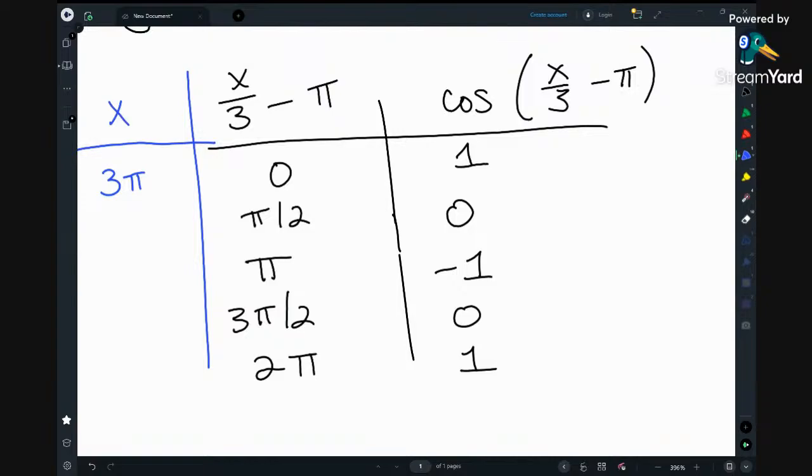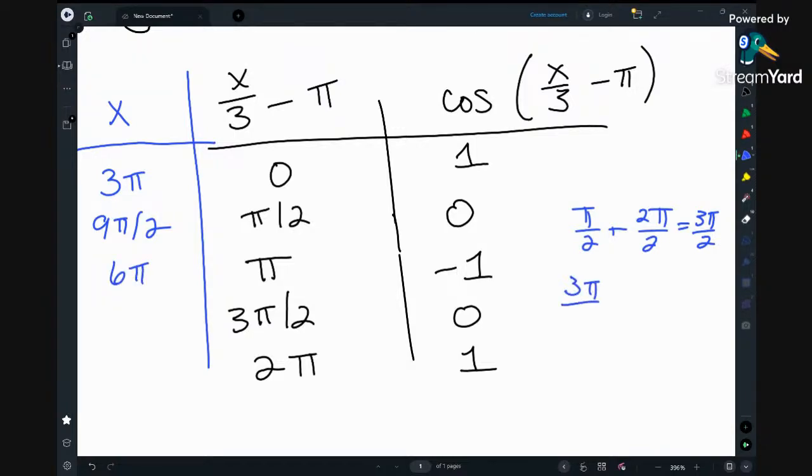And by the way, this would make x pi over 2 plus pi. Do this really quickly by 2 over 2, and now you have a common denominator. So this would make 3 pi over 2. And now when we multiply that by 3, we get 9 pi over 2. Pi plus pi is 2 pi times 3 is 6 pi.